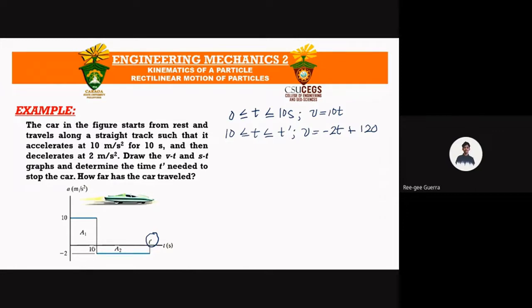The second, because the t prime, which is the final time, is in the second time interval, 10 to t prime, or 10 to the unknown final time.